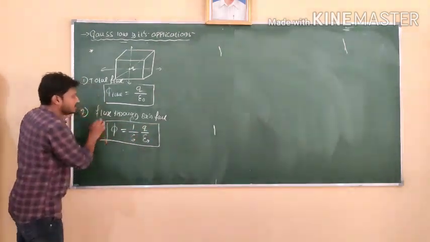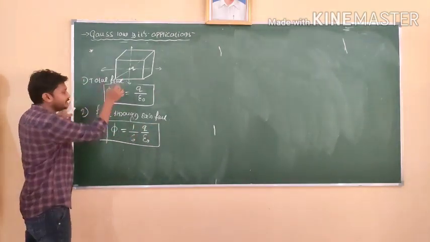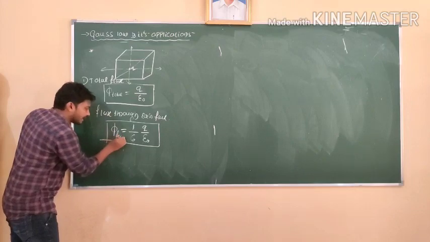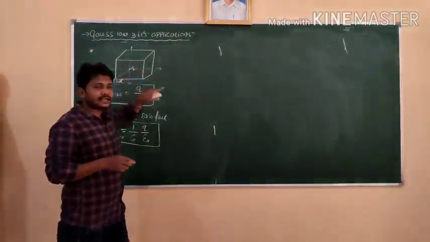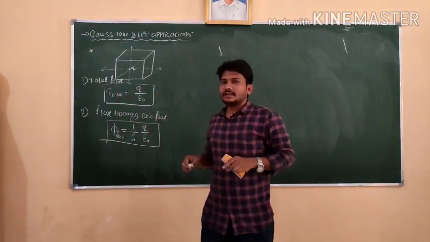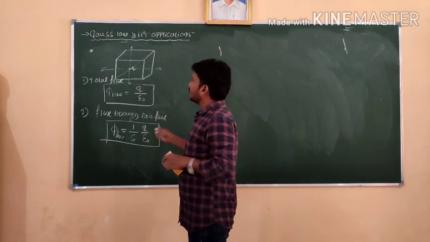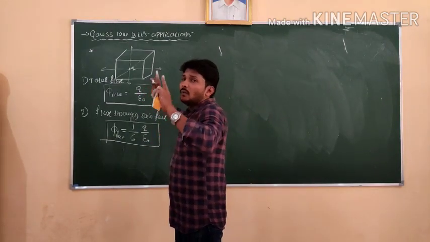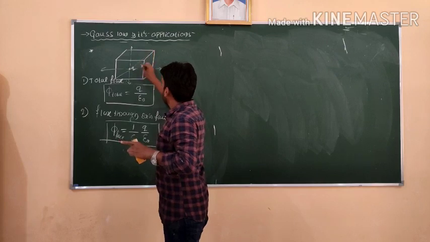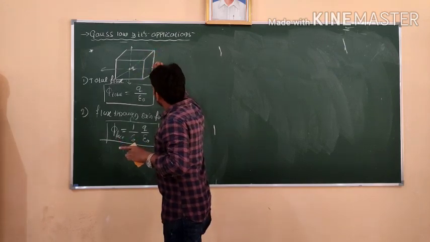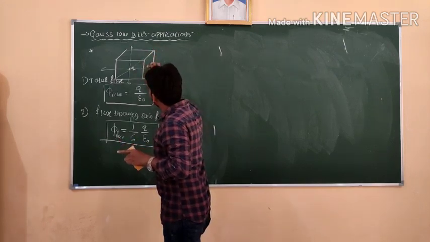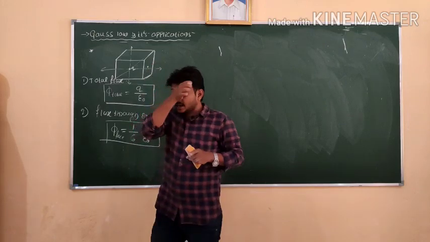So this is the situation when the charge particle is placed at the center of the cube. Now let me consider the charge particle placed at one of the faces. I will choose one face and place the charge particle at the center of the face.